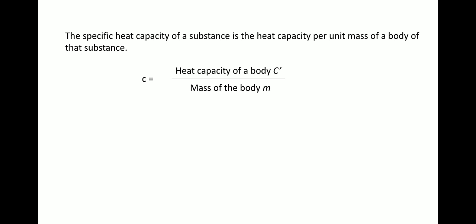We have already learned that the heat capacity is equal to Q by del T. So we can replace C dash with Q by del T, and C is equal to Q by M into del T. When you cross multiply, we get Q is equal to M into C into del T. This is the important formula which shows the relation between heat energy, which is equal to mass into specific heat into the change in temperature.